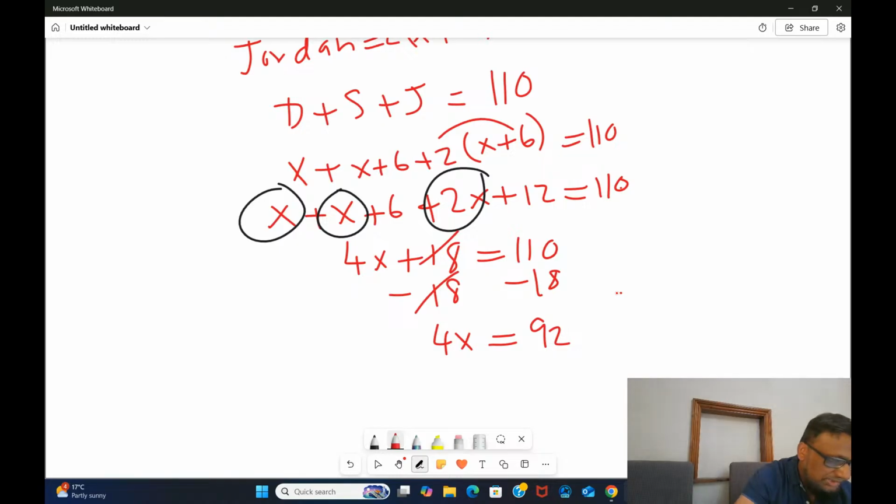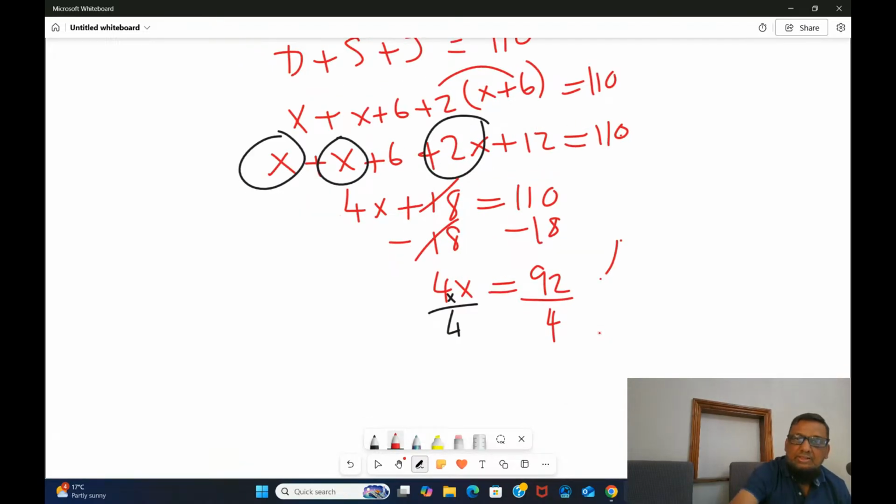And now this X is multiplied with 4, so the inverse of times is divide both sides by 4. So 4 cancels with this 4. Look at this one: 4 times 2 is 8, and 4 times 3 is 12. So the X equal to 23, okay.